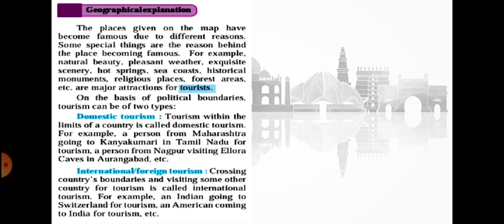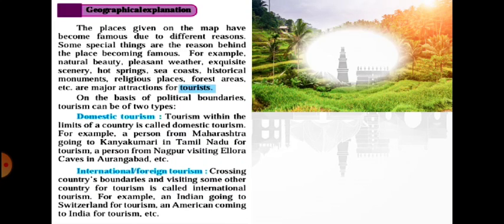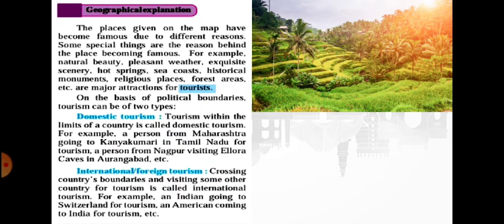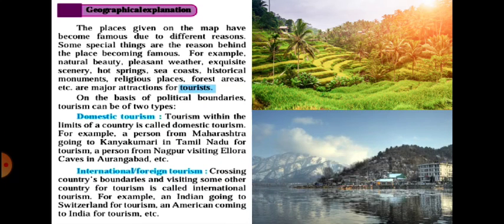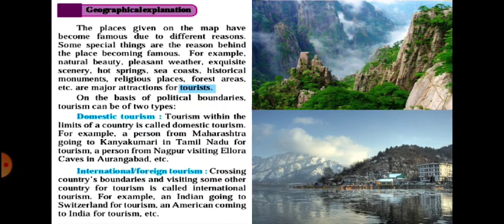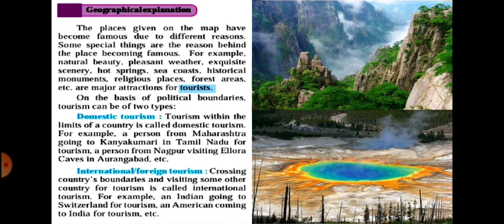For example, natural beauty, pleasant weather, exquisite scenery, hot springs, that is, springs produced by the emergence of geothermally heated groundwater that rises from the earth's crust.